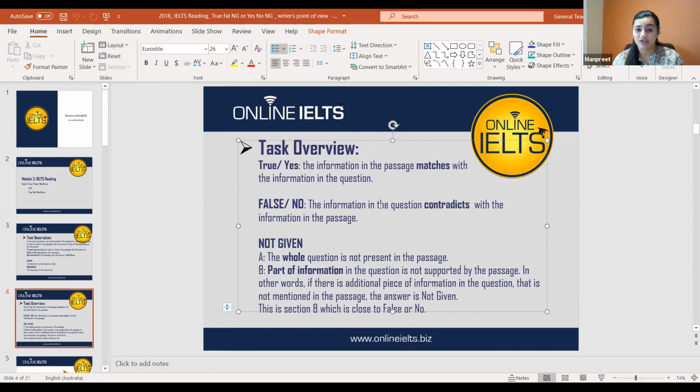When I say passage, it can be one big passage without any paragraphs, or it can have a few paragraphs, and sometimes they can be numbered, let's say A, B, C, D, but it'll still be considered one passage. So one passage can be one long paragraph or a few paragraphs or numbered paragraphs.